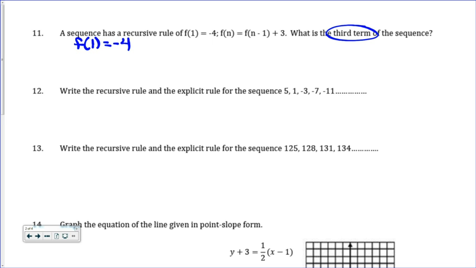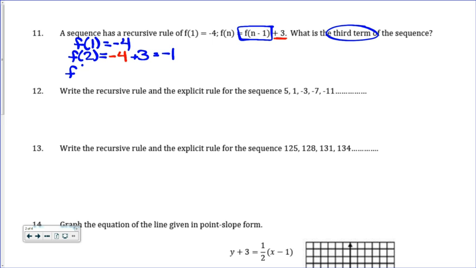And then my rule tells me I'm going to take my previous term and add 3 to it. So to find f of 2, I'm going to take my previous term, negative 4, and add 3 to it. So negative 4 plus 3 gives us negative 1.